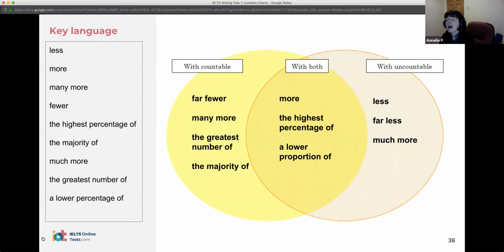Yeah. Ratio you can use with countable. Okay. But fractions you can use with both. Okay, so fractions are easier if you're not sure about it because they will work with both countable and uncountable. Okay.